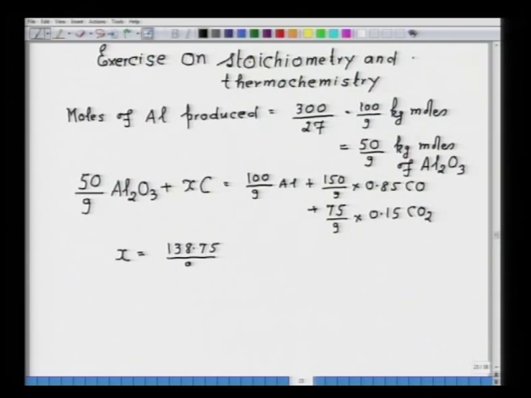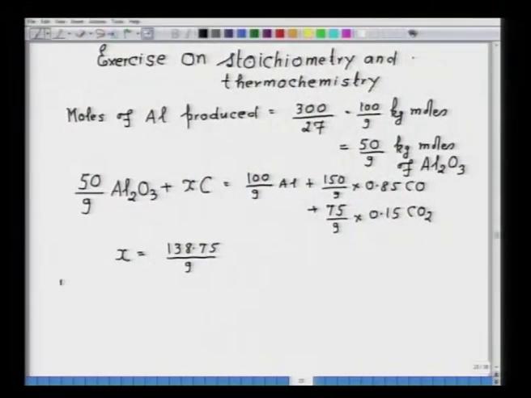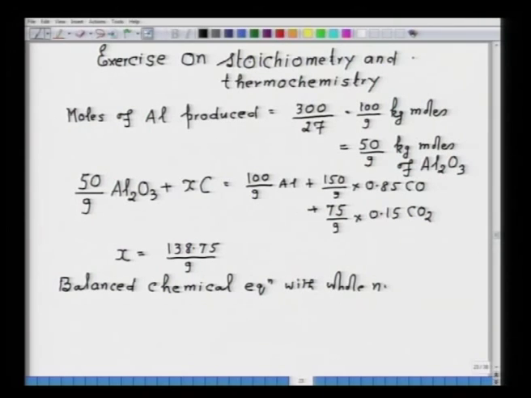From here one can find out x, that will come out to be equal to 138.759, and rest of the exercise I leave on you to find out the balanced chemical equation with whole numbers. I am writing the answer, which is the balanced chemical equation with whole numbers. Mind you, you are not required to round off.